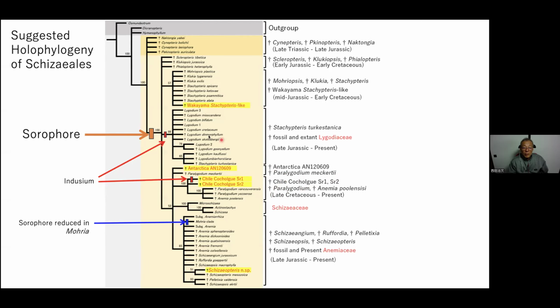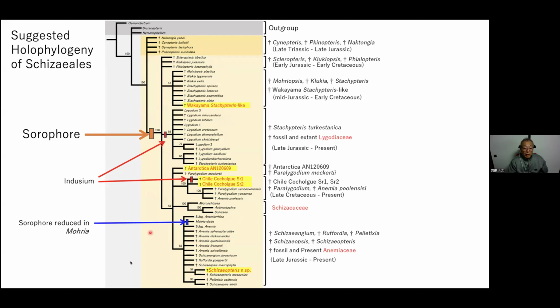And the Lygodium made a good monophyletic group, and this one is typically characterized by the presence of indusium. So in our analysis, we used the sorophore for all these fertile structures.